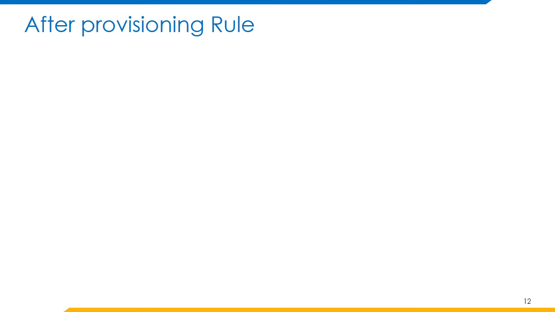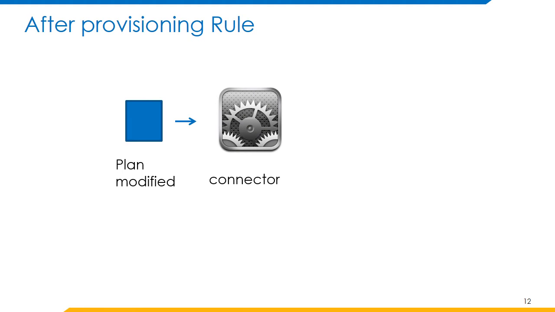After provisioning rule. After provisioning rule shall be run just after the provisioning. It is very useful when we have entitlement dependencies. For example, we have a privilege or entitlement that cannot be assigned without some other privilege or entitlement.